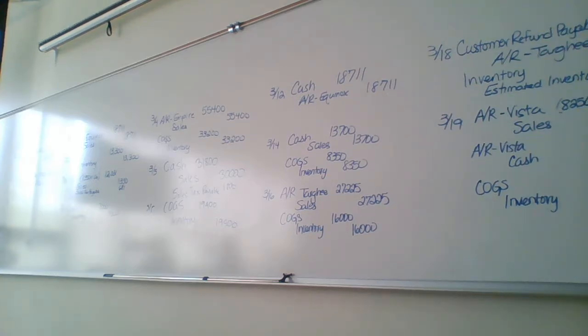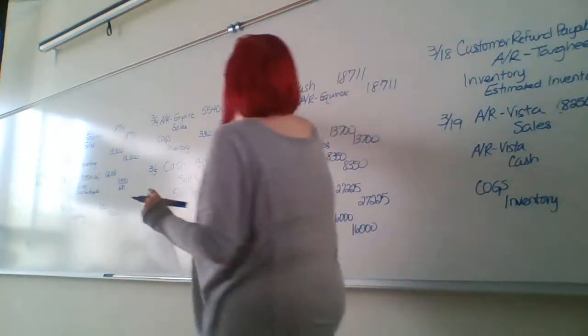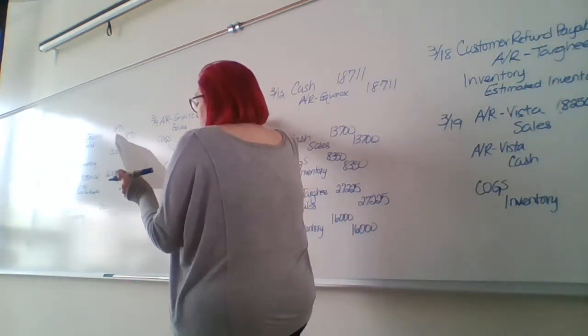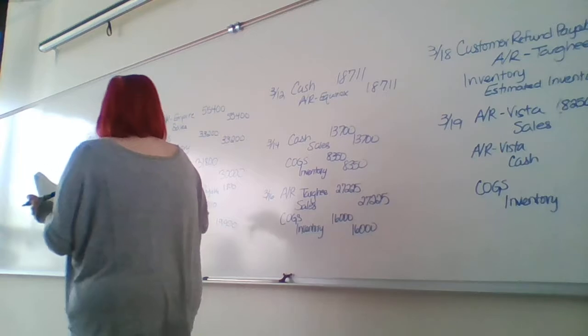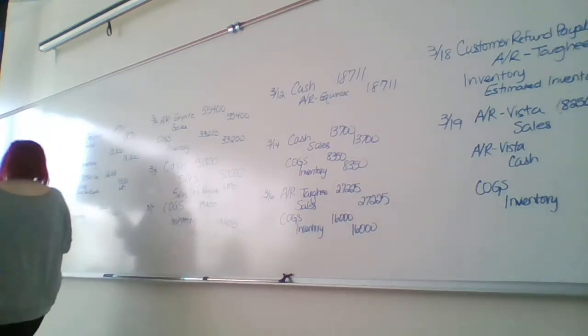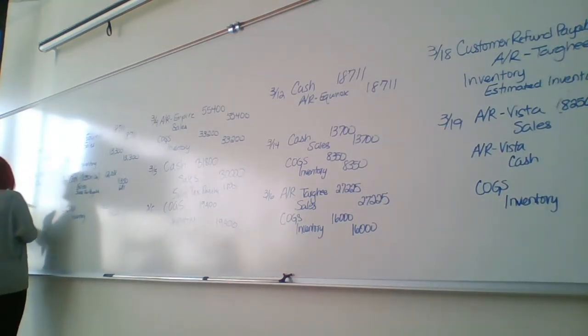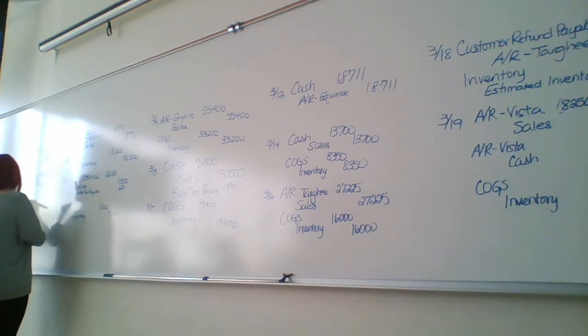All right, we're getting down there now. We received a check for the amount due from Empire Company from the sale on March 4th. On March 4th, Empire Company purchased $55,400 from us. They didn't have a discount, so we're just going to debit cash for $55,400.